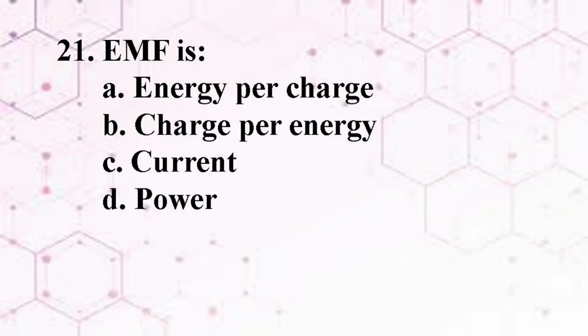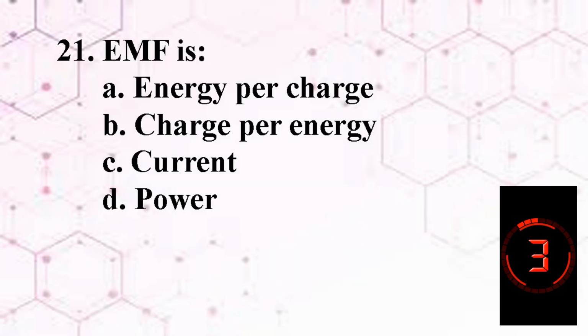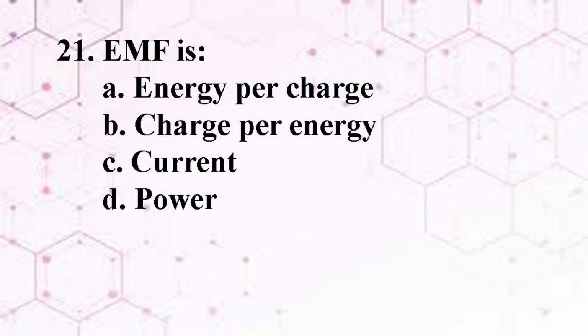Question number 21 up to 30 is based on advanced concepts. Question number 21. EMF is A energy per charge, B charge per energy, C current, D power. The correct answer is A, which is energy per charge.